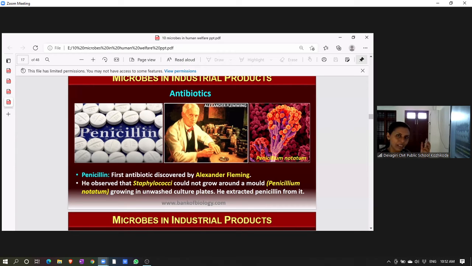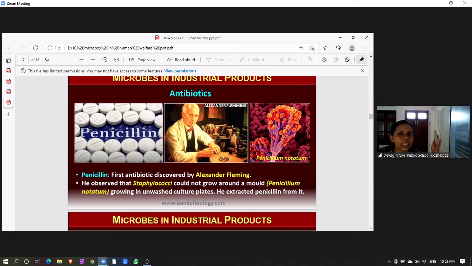That is a type of fungi growing onto the petri dish. In that area, the Staphylococcus bacteria was not able to grow, but in other petri dishes we could see the growth of the Staphylococcus. So from that he discovered that if penicillium is present, Staphylococcus could not grow. That is how the antibiotic was discovered.